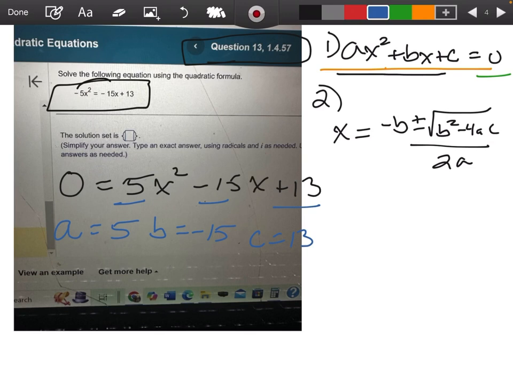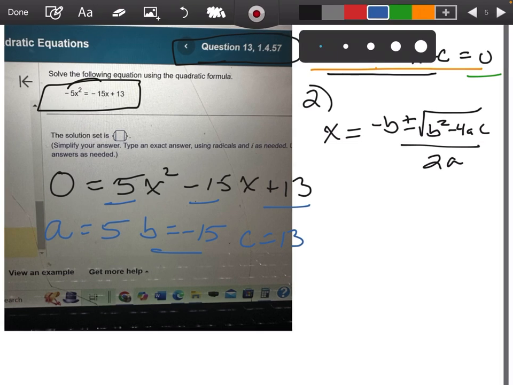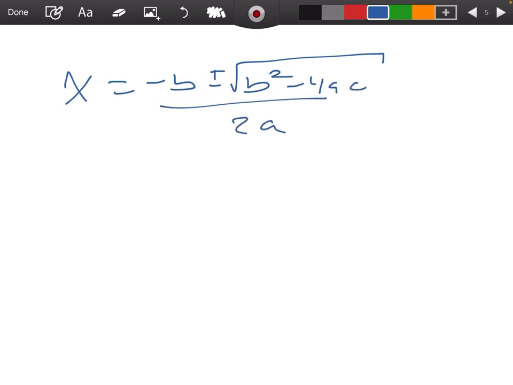So now let's go ahead and start plugging into the formula. We're going to write x equals negative b, where b is the number negative 15. We'll simplify that in a second, okay? I'm going to give myself a little bit more room because I know I won't have enough. So let's do it this way, on the next page: x equals negative b plus or minus the square root of b squared minus 4ac, all over 2a.